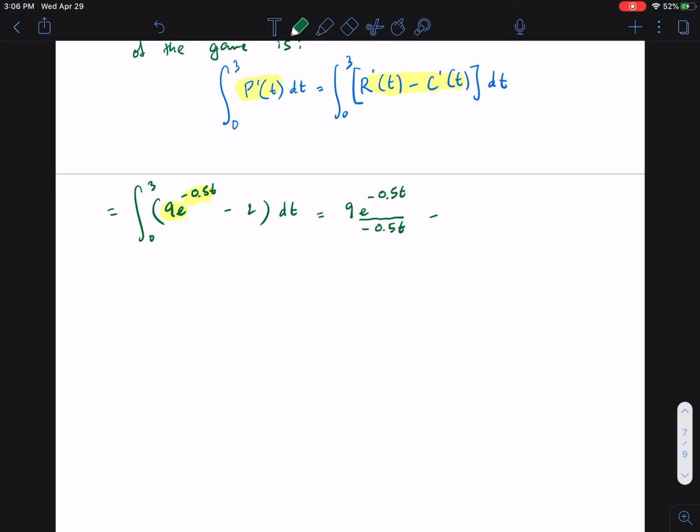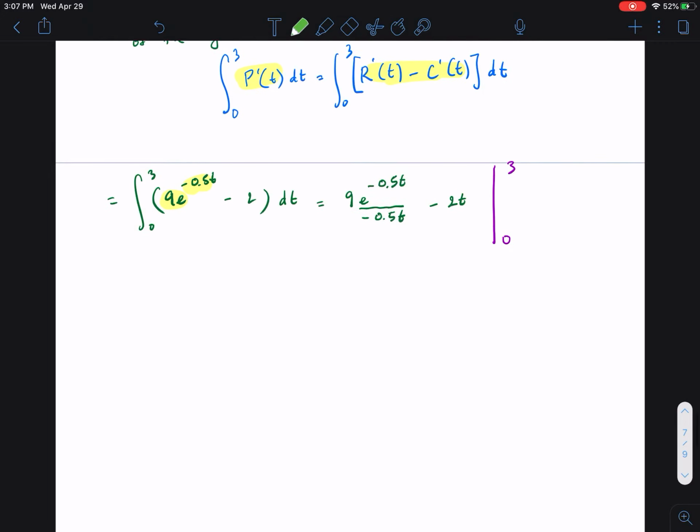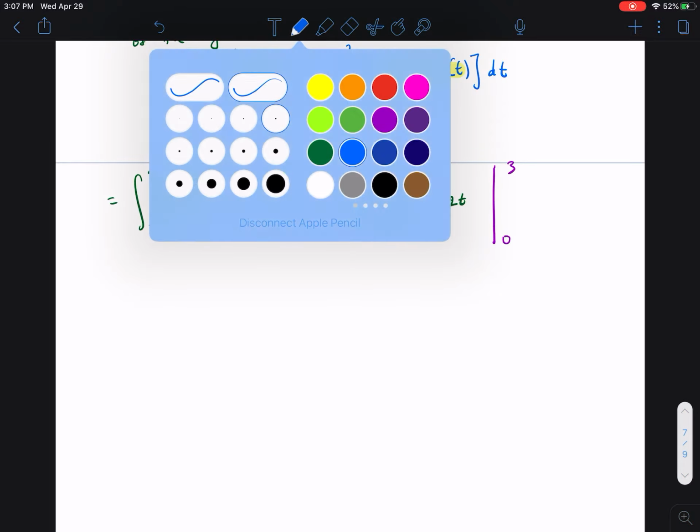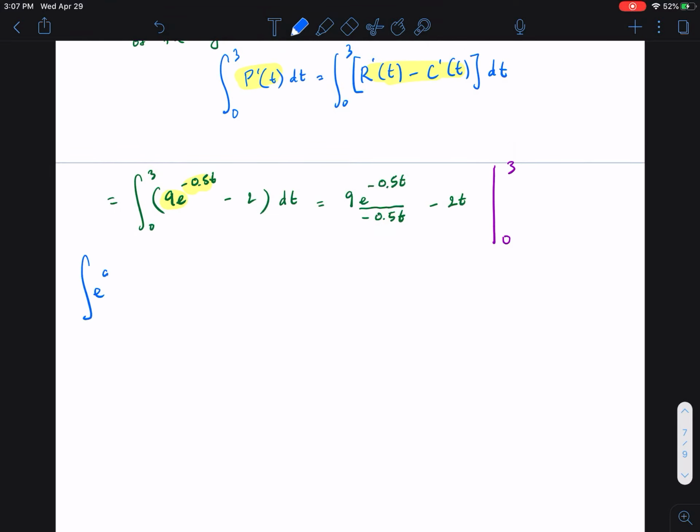And then the antiderivative of 2 is going to be 2t. Then we're going to evaluate this from 0 to 3. Another formula for antiderivatives is the integral of e to the power of ax dx. The antiderivative of this would be e to the ax over a plus C. So that's what we use there to get that one.